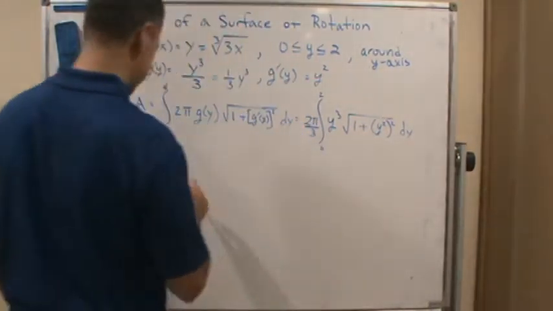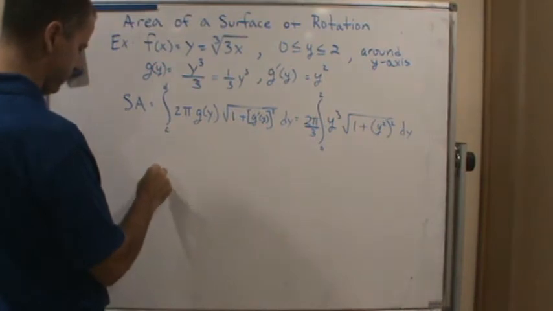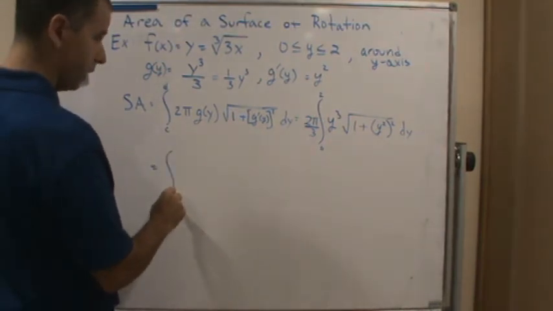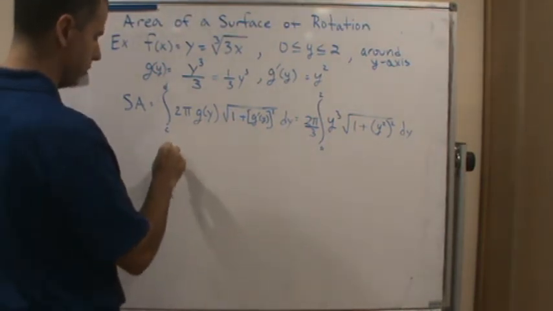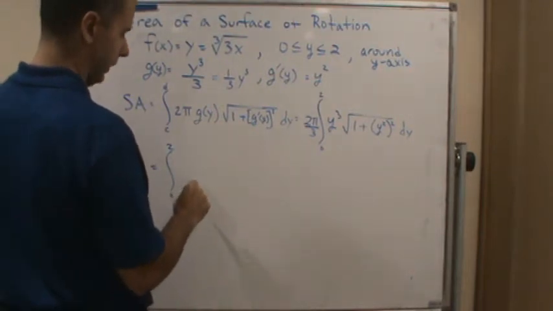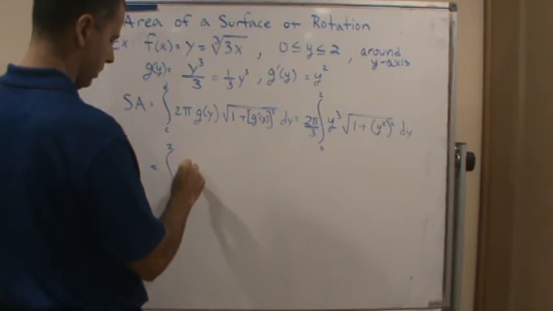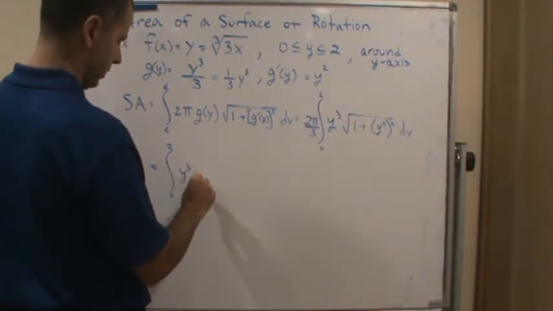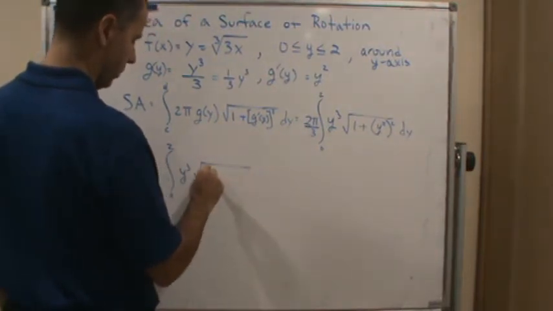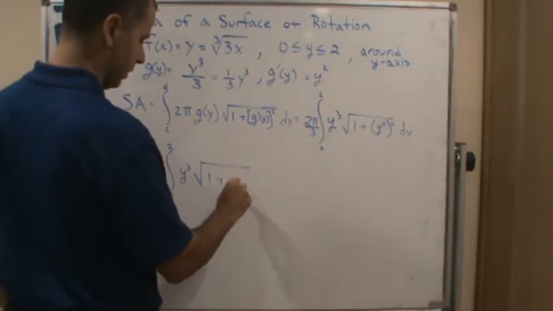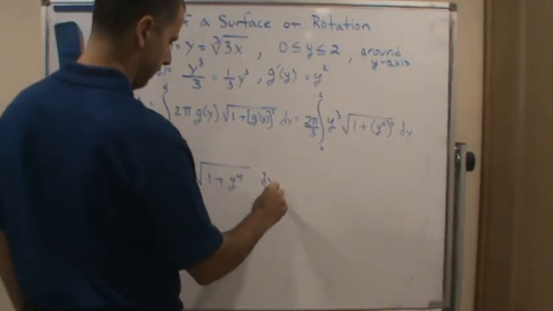Okay, let's simplify this further. So 0 to 2, y cubed, square root of 1 plus y to the 4th dy.